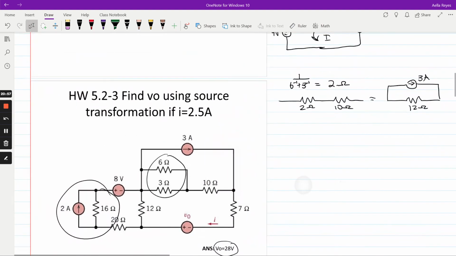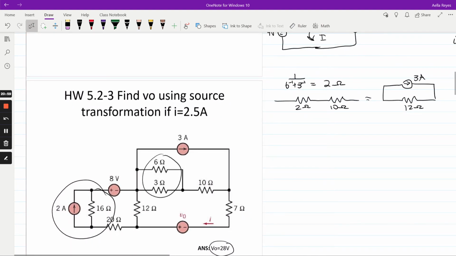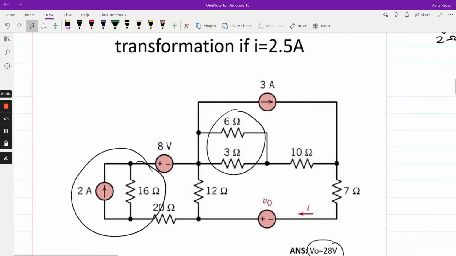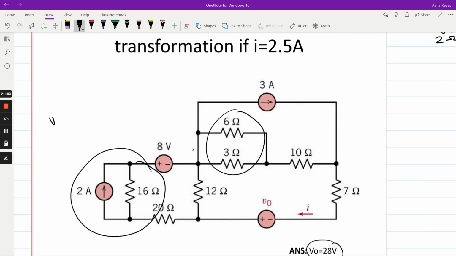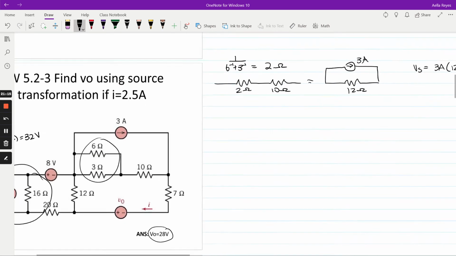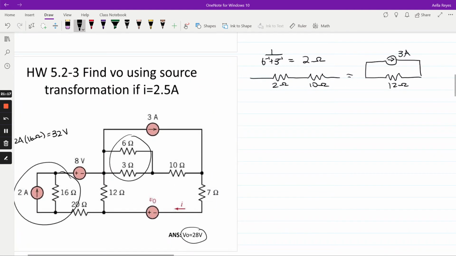So with that one, we'll just do it to this side. You can find a voltage source again is equal to your current source, which is 2 amps, times your resistor in parallel, which is 16 ohms, 32 volts. Okay, let's rebuild the circuit. And now it's going to look like this.